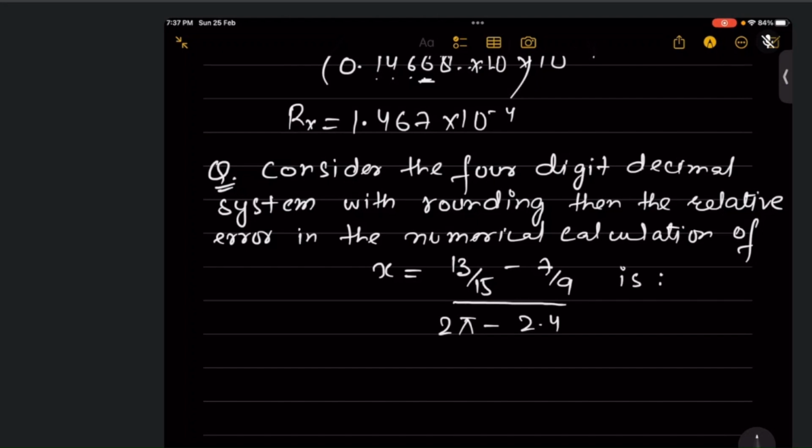Please take care of these, like 4-digit decimal system, because this will help you understand up to how many digits you have to round off. So that is important.